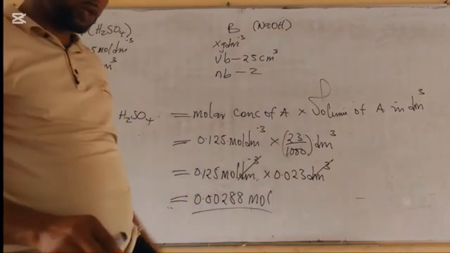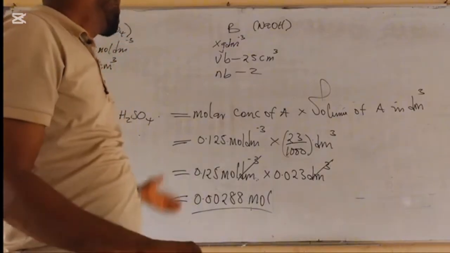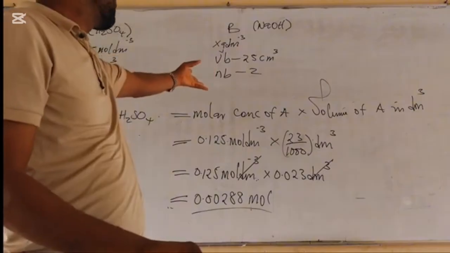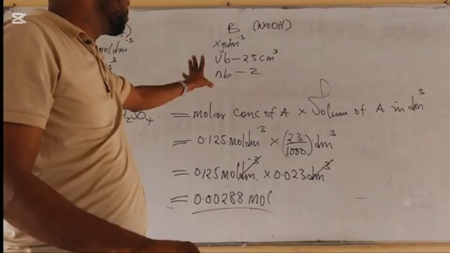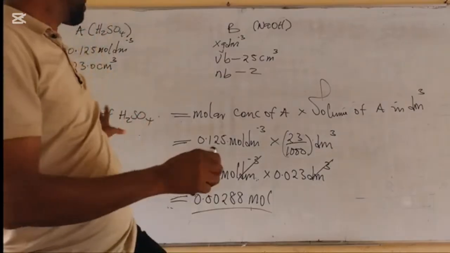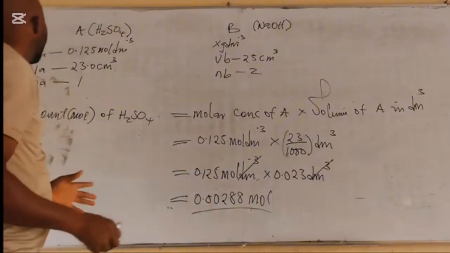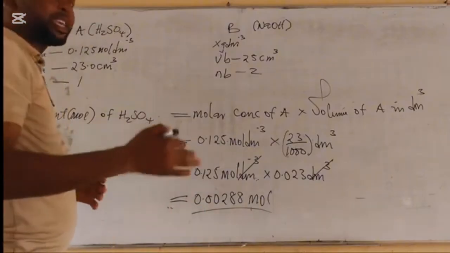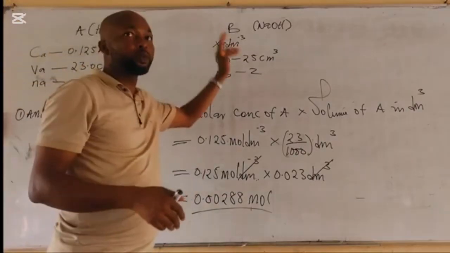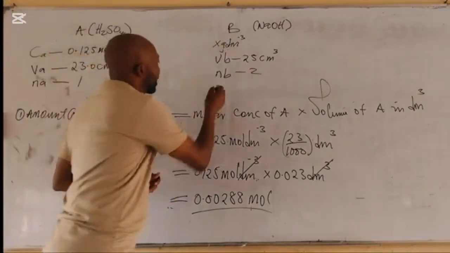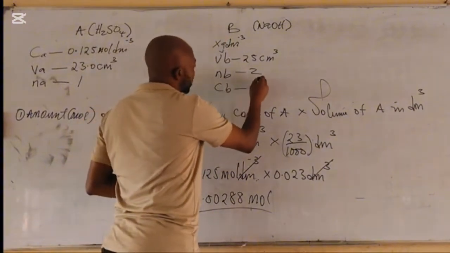Now let us look at the second one, concentration of B in mole per dm cube. So if you look here, you see that the concentration of the base is not given in mole per dm cube. That is what we are required to do. So we begin to look at the various formulas which we can use. If we want to use the CAVA formula, we have the concentration of the acid, the concentration of the base we don't know, which means that would be our unknown, what we are looking for.